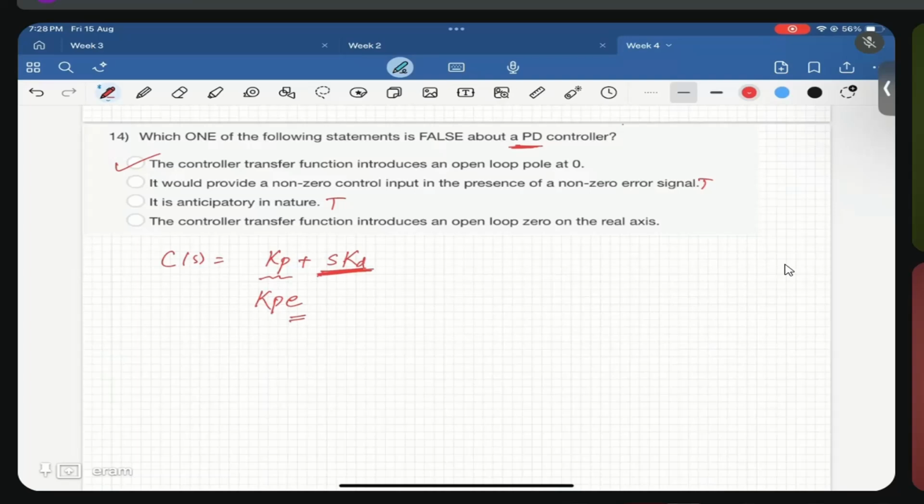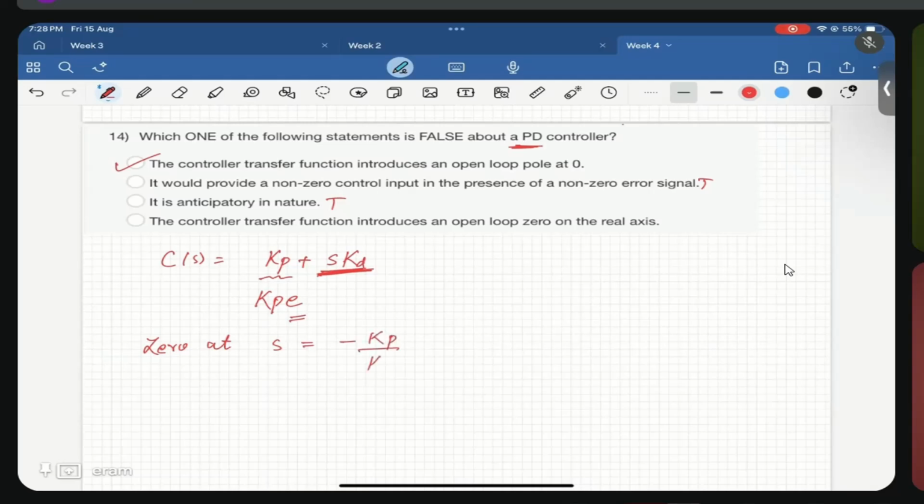And the controller transfer function introduces an open loop zero on the real axis. So do we have any zeros here in the transfer function? Yes. And what is that value? Minus kp by kd.